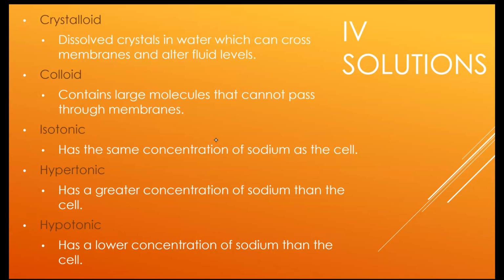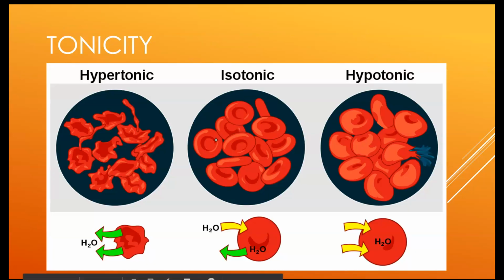So it's about the same concentration of sodium as the cell, because if it's hypertonic, that means it's a very high concentration of sodium that's going to draw water out of the cell. If you use hypotonic, it's a low concentration of sodium, so it's going to push salt out of the cells to create equilibrium. There we go. So the different ways we want to be here in this happy medium.